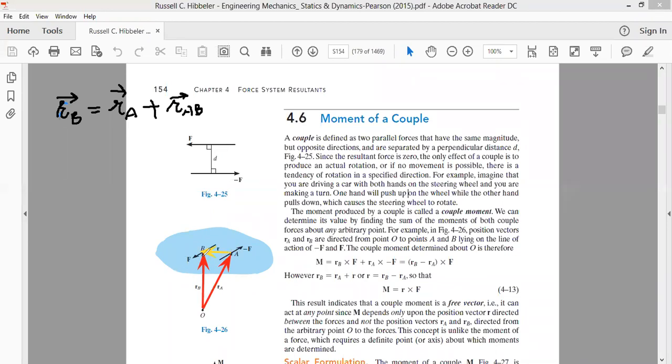Now the moment created by the force acting at point B about point O, I will write with a superscript, the moment because of force F about point O, is equal to the radius vector RB, the definition that we have already discussed, RB cross F. That's how it goes.